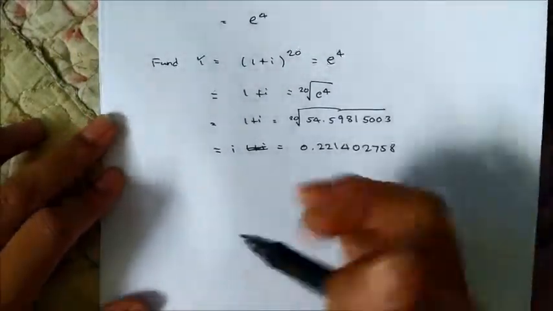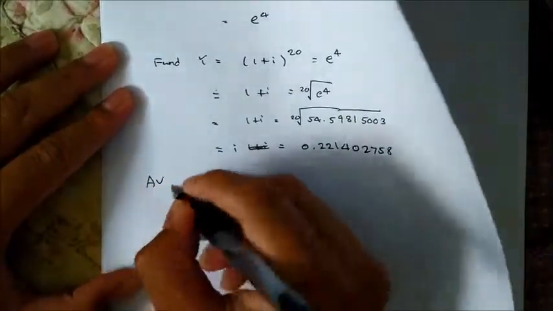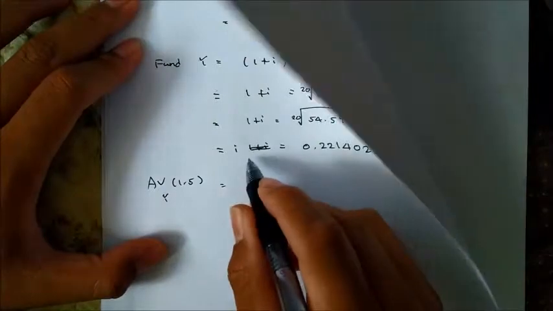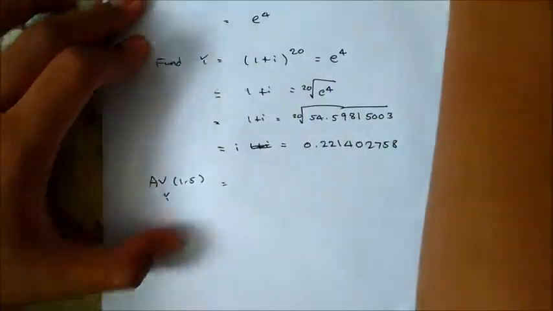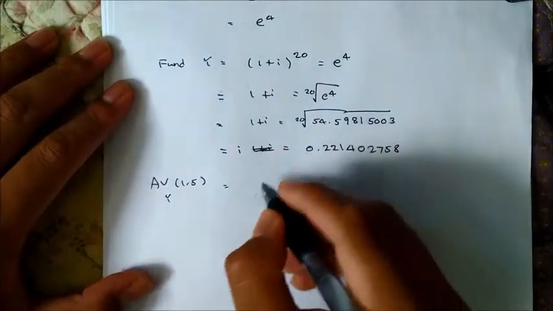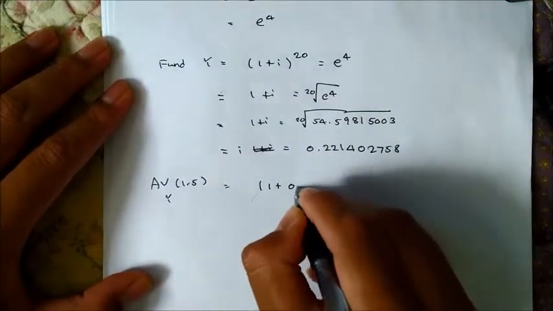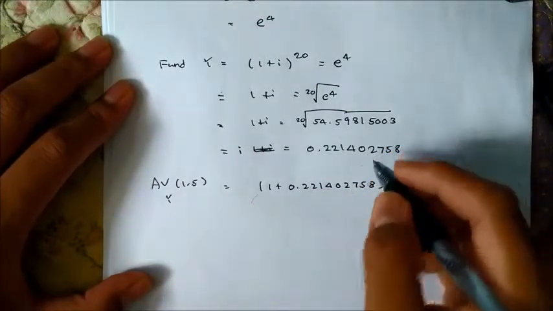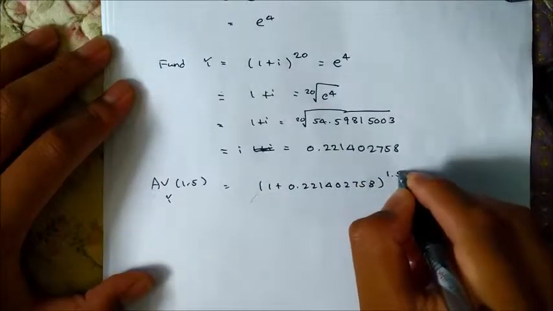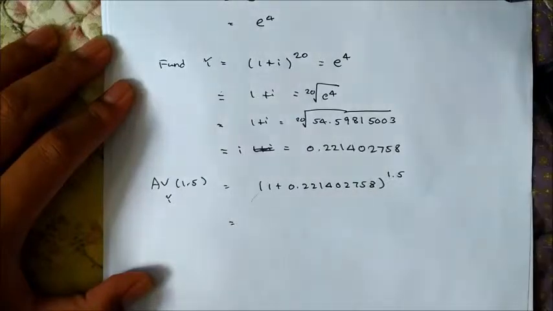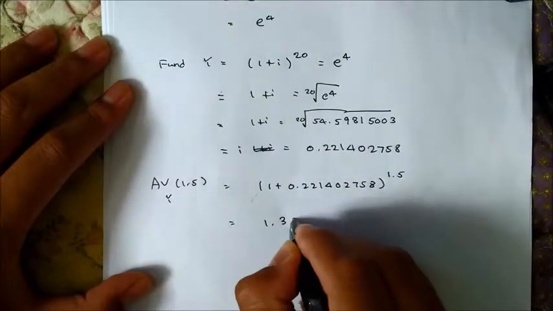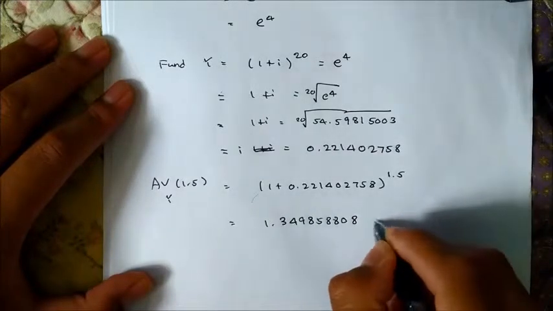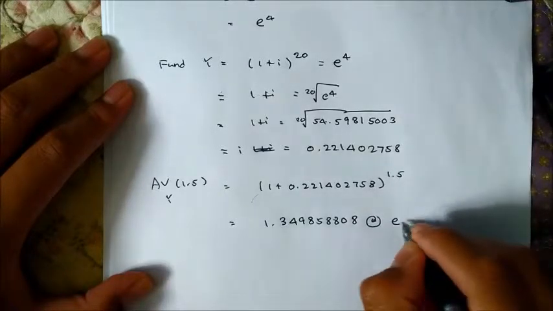So we need to calculate the accumulated value at 1.5 years for Y. Using the i that we already got, we have (1 + 0.2214022758) to the power of 1.5, which is equivalent to 1.3498588808, or in terms of exponential, e to the power of 0.3.